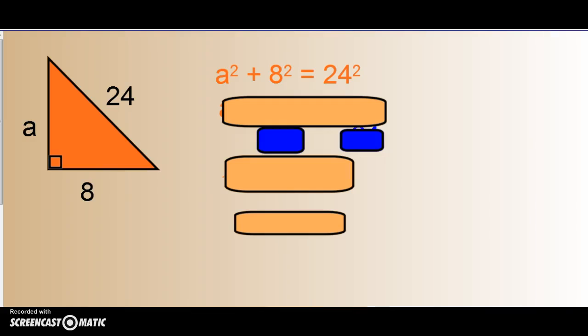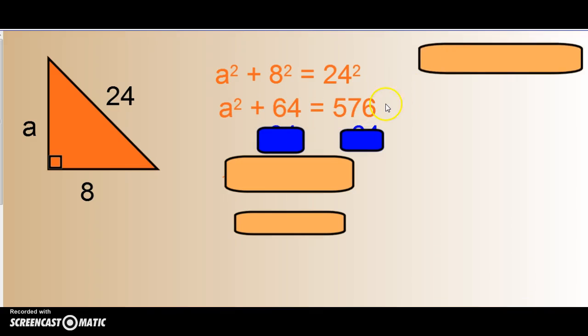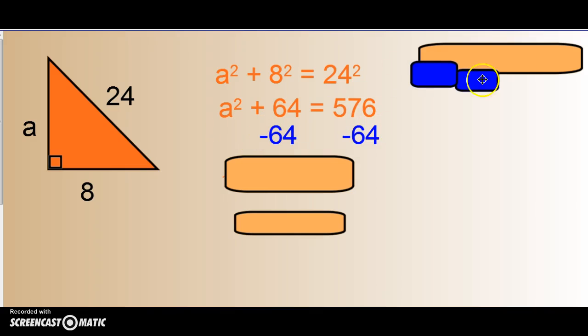All right, and then this example, now what if you had to find a missing leg? Set it up the same. a squared plus b squared equals c squared. So then we would have a squared plus 64 equals 576. And then remember, you want to get a alone, so subtract 64 from each side.